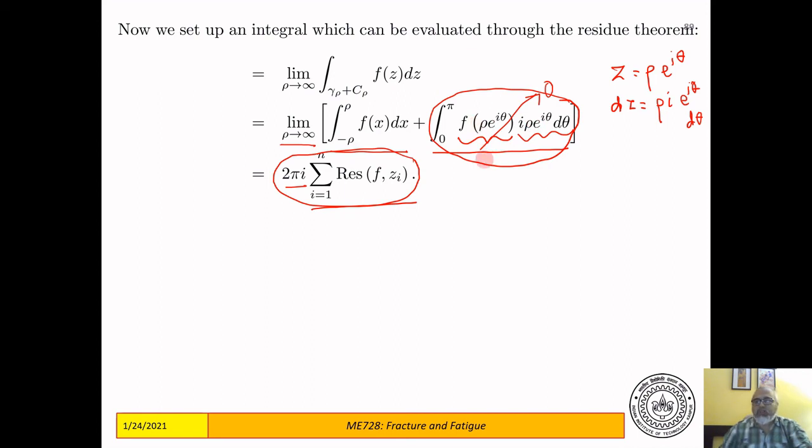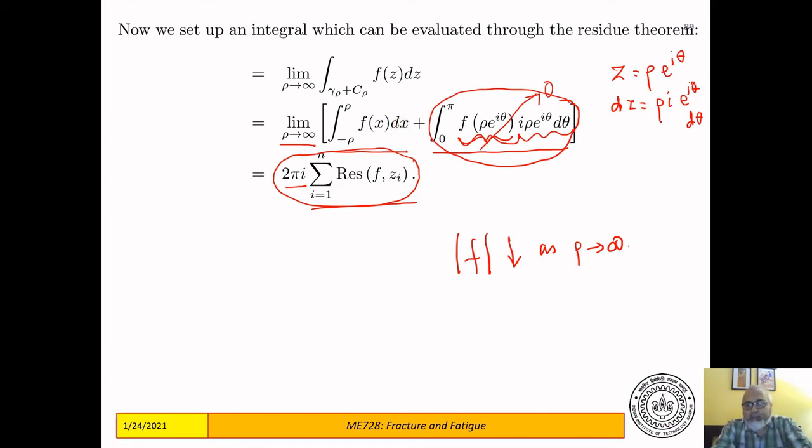When should it go to 0? It will go to 0 if f(rho e to the power i theta) is a function of the decaying type, which means that the modulus of f should decay as rho tends to infinity. If it's a function of this type, then obviously this will tend to 0 in this limit, and your 2 pi i times the sum of residues will be the integral of f(x) dx from minus infinity to infinity.